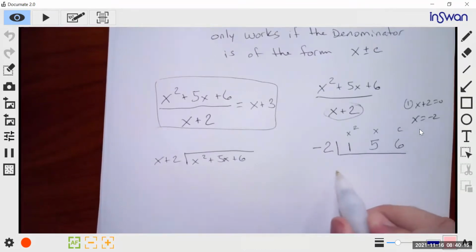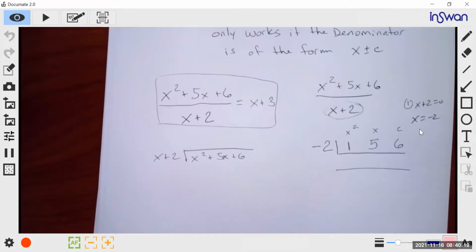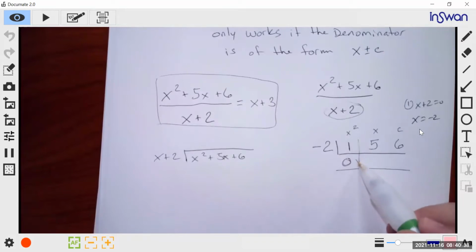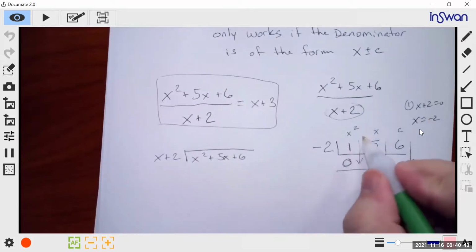So in synthetic division, it only involves multiplication and addition. This row here is the resultant row. So we start off with nothing here. When you go up and down, that direction is always addition.